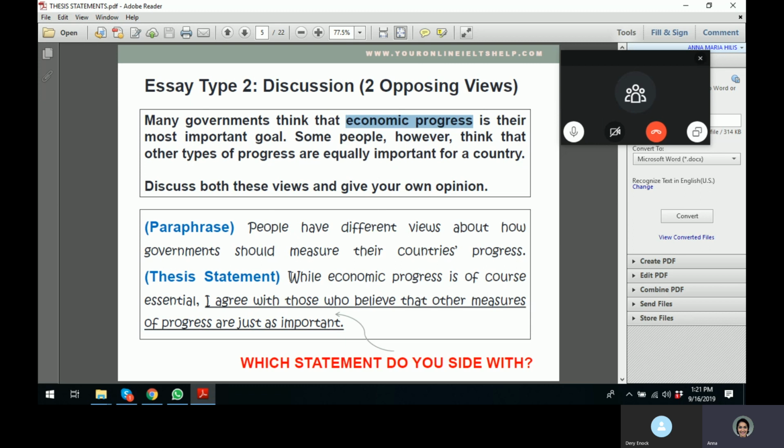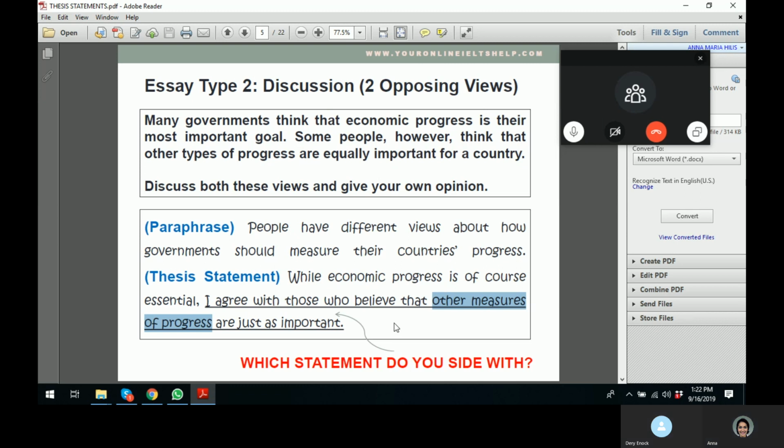The writer, or the candidate, says it's not only economic, but all of the other measures of progress are equally important. So you have to plan from this thesis statement what the other measures of progress are. So aside from economic progress, can you think of other measures of progress?